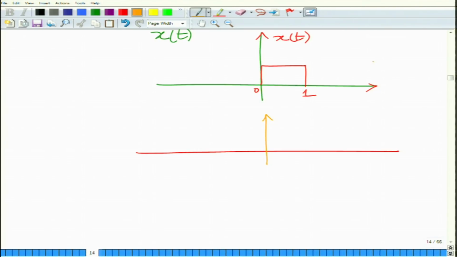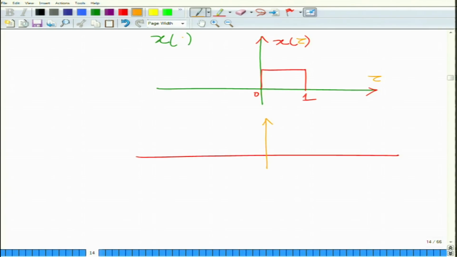So, let us say we make this the tau axis rather than the t axis. So, we make this x of tau. So, x of minus tau will be flipped about the y axis.